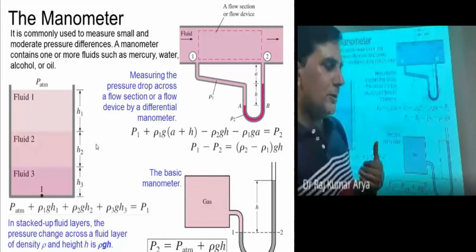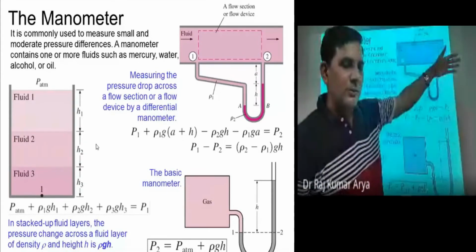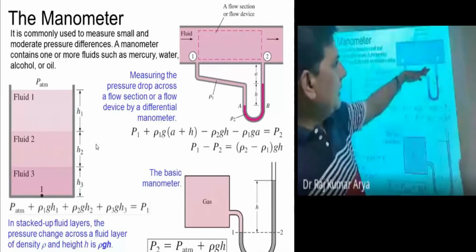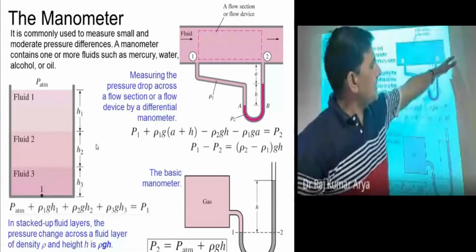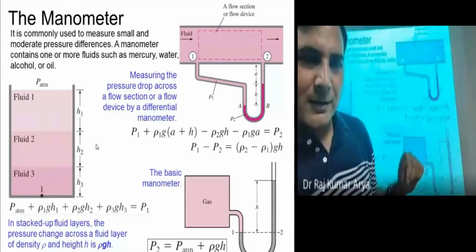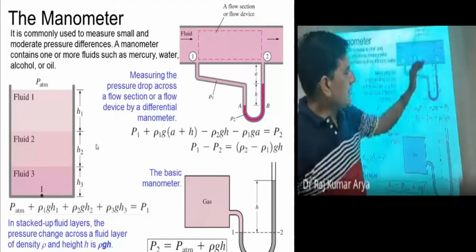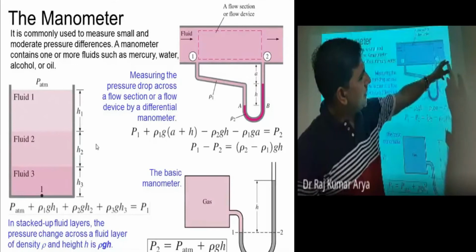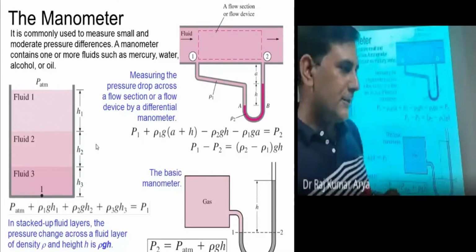Let's say at this exit end of the pipeline, you have a very big pipeline. At this exit end, by chance the pressure at point 2 is less than the exit pressure here, so this fluid will not come out. To exit the fluid from here, this pressure should always be more than the outside pressure. That is one thing.